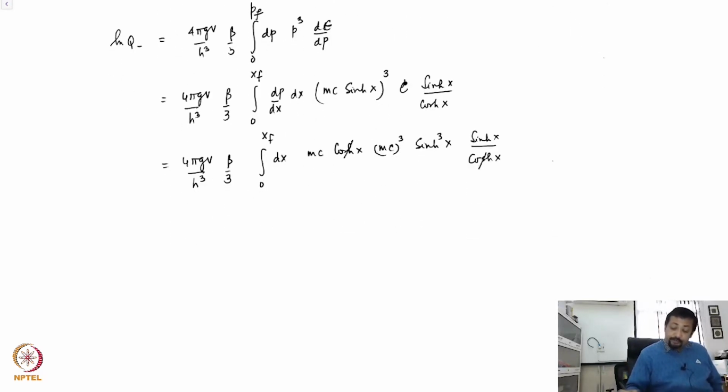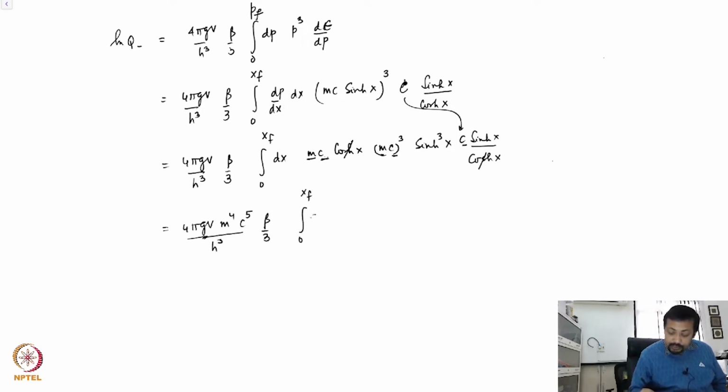This cancels out. I have m4 and there is a c factor here that one should not miss. So m4, m times m cube is m4. So I am going to have 4 pi gv m4, and I have 3 plus 1, 4, plus 1 more is 5. So I'm going to have c5 over h cube beta over 3, integral 0 to xf dx sinh 4 of x.